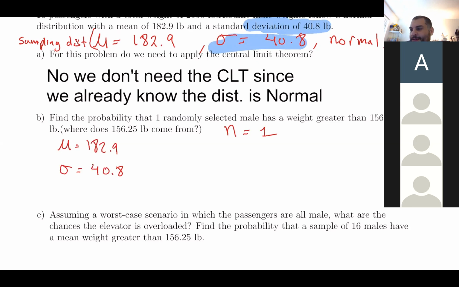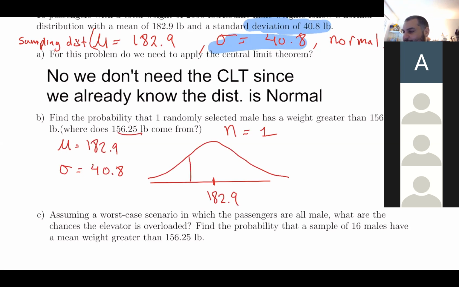All right. So let's go ahead and draw this out. The middle will be the mean, so we'll put 182.9. This is 156.25, so that's somewhere to the left of it.